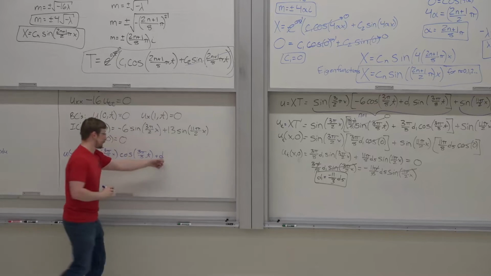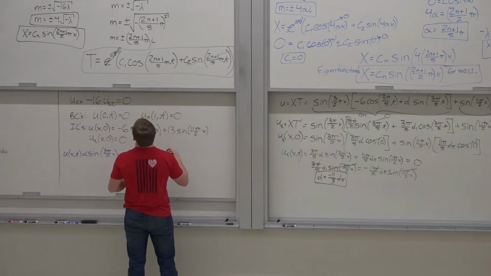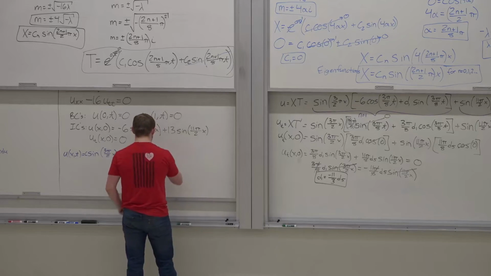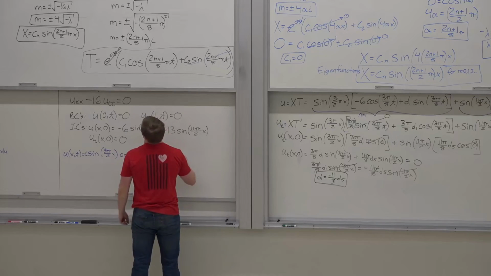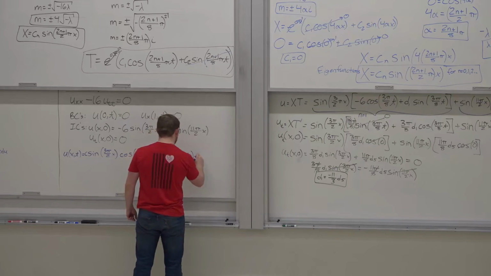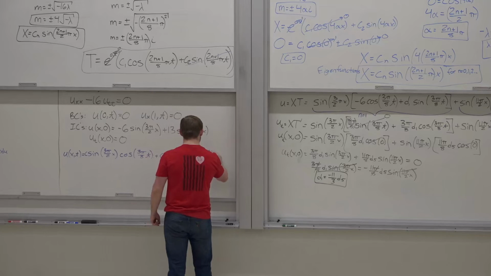It's going to be the same constant, so I'm going to write that as c again. Sine of 11 pi over 2 x times cosine of 11 pi over 8 times t.